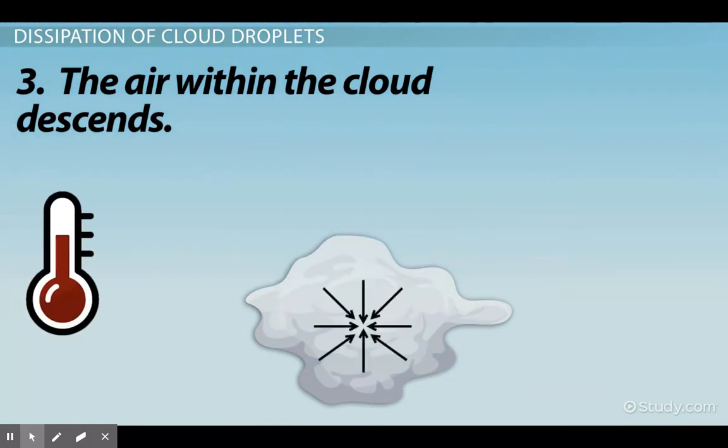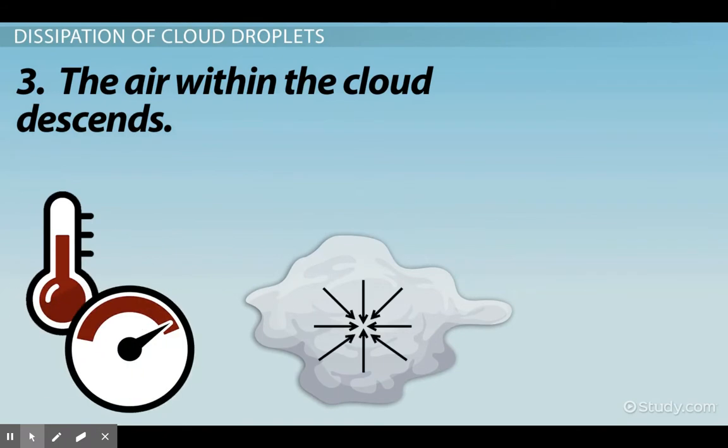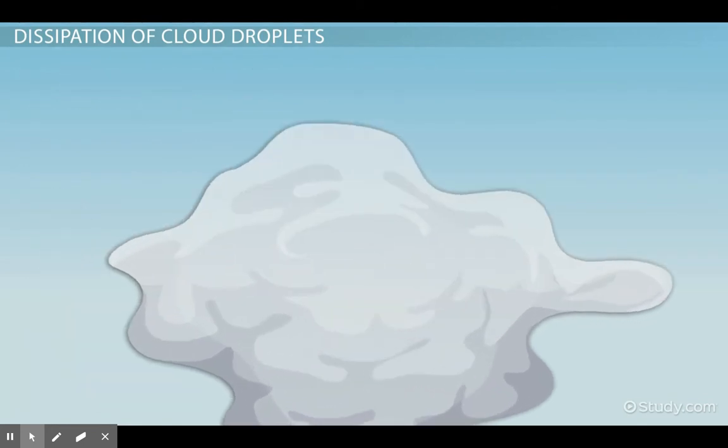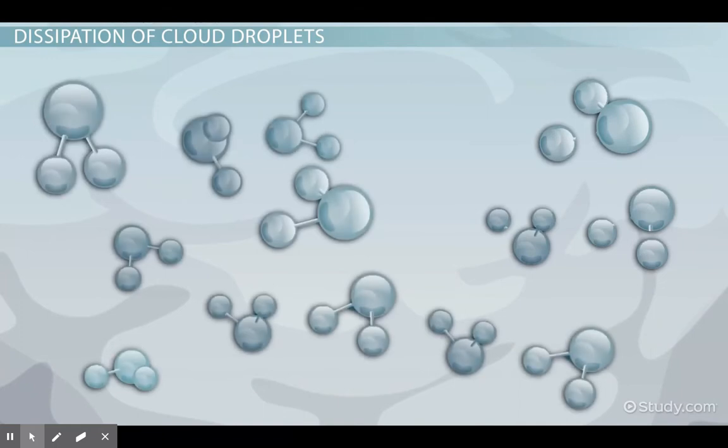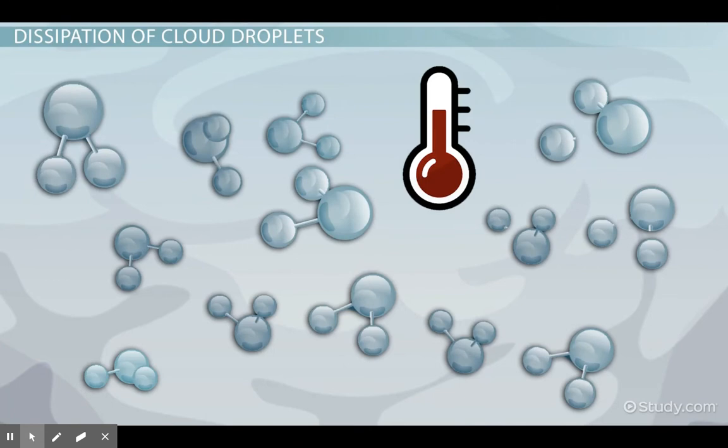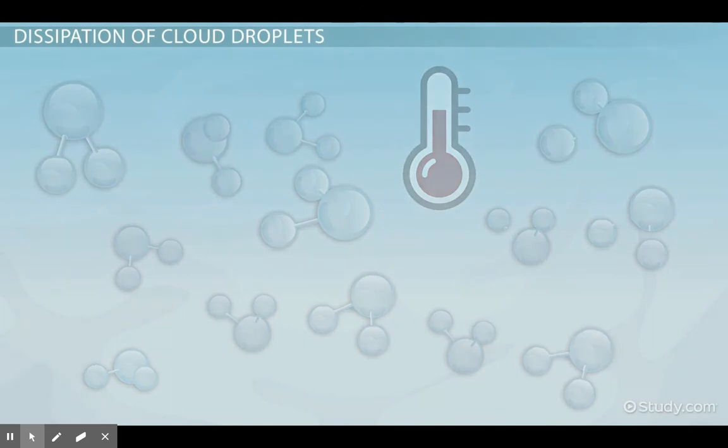This is due to the adiabatic process, which means as an air parcel, like a cloud, descends, there is greater pressure being exerted on it. This increase in pressure causes the molecules to bump into each other more often, which results in an increase in heat energy, which warms the cloud. This increase in temperature results in evaporation.